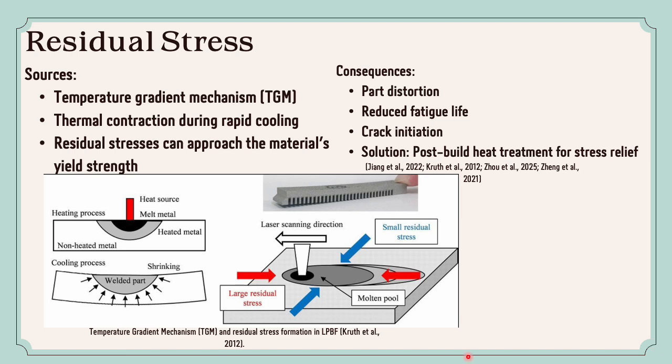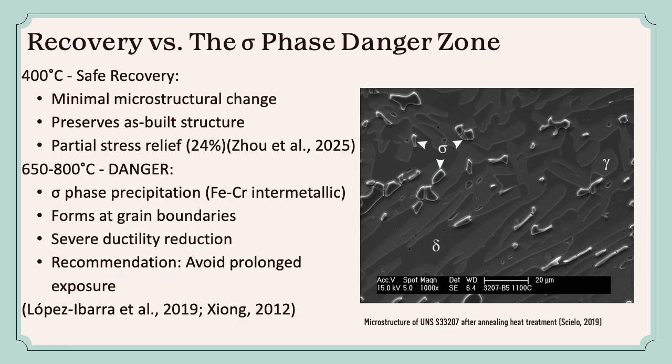As shown in the figure, these stresses are generated around the melt pool during the laser scanning. Excessive residual stress can lead to part distortion, reduced fatigue life, and even crack initiation. Therefore, post-build heat treatment is commonly used to relieve the residual stress and improve the dimensional stability.